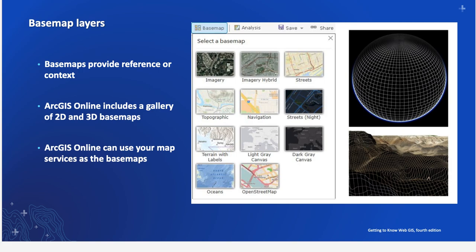So you can create and use your own base maps. Again, for our lab course, we used a lot of different styles of base maps for our tutorials. Here's an example of a 2D base map and a 3D base map.